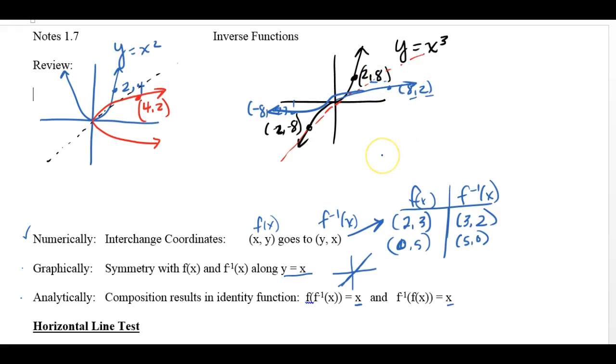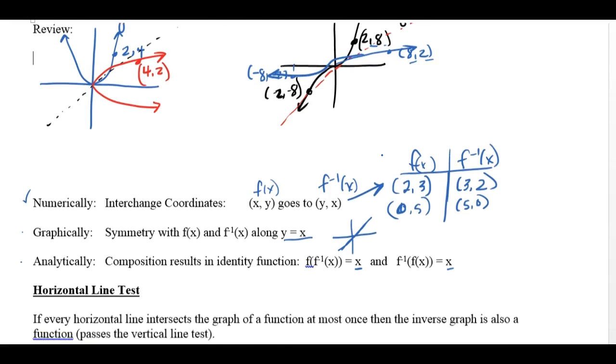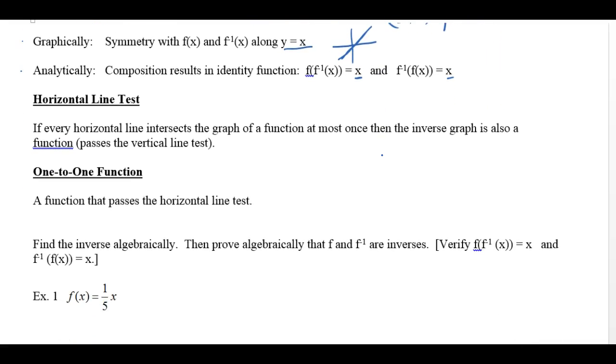Interchanged coordinates. Now, another thing you can do is what's called the horizontal line test. It says if every horizontal line intersects the graph of a function at most once, then the inverse graph is also a function. It has to be a function to start off with. If you look at our cubic and draw a horizontal line, it only hits in one place, so the inverse of this is also a function, which we just saw.